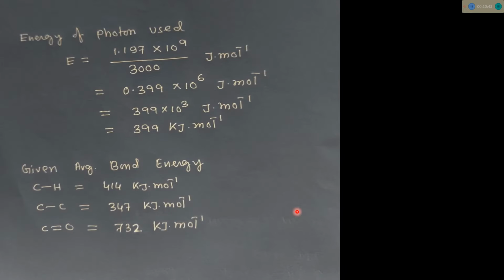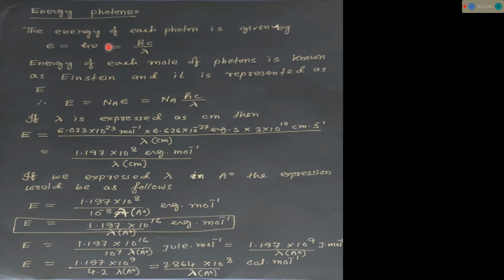First we have to calculate the energy of the corresponding wavelength, that is the Einstein or capital E value of the wavelength. So we use the joule per mole expression.